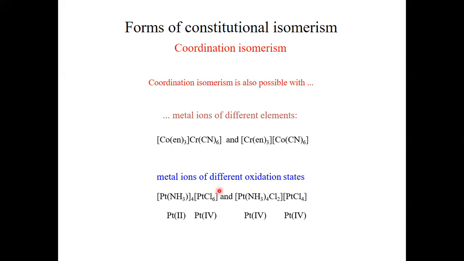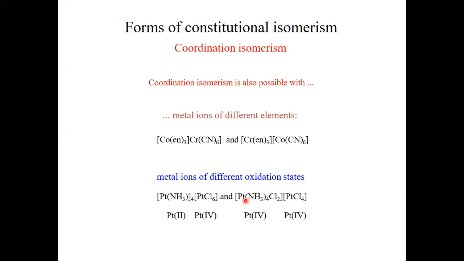So we can see that a 2- charge results here because the 6 chloro ligands have a 1 negative charge each, and the platinum is in the oxidation state +4, so 2 negative charges remain at the anion. This here is the respective coordination isomer to this compound here. In this case, you have the platinum 4 as part of the complex cation.